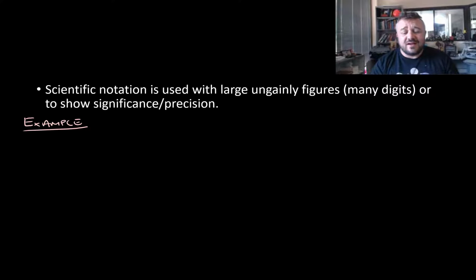So, scientific notation. We use it with large ungainly figures, either really many digits, or small ones in the negatives or decimal places, or in the really large numbers, or just as importantly, to show significance and precision, how accurately we've measured something. So if we've measured something to be 20,000 kilograms, but we only measured it to the nearest ton, then the 20 is significant, and those 3 zeros after that are not significant.